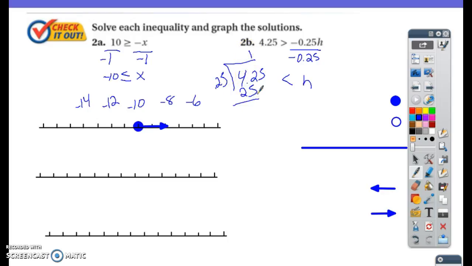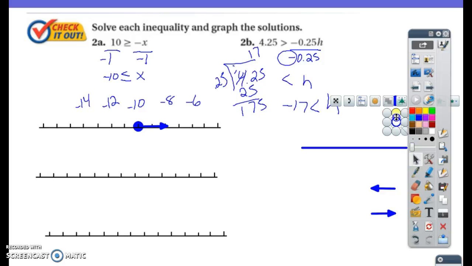We're going to subtract that, and we get 175. That goes in 7 times, and remember this was a negative, so it's negative 17 is less than h. And we're going to graph that on our number line again.